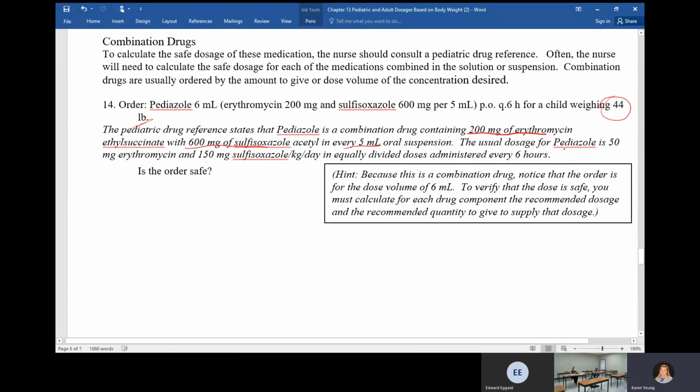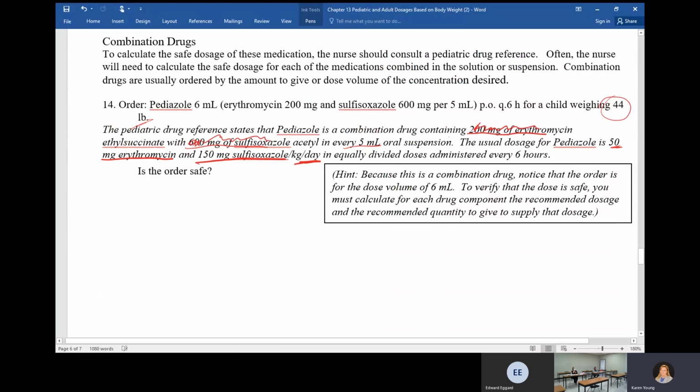So the usual dosage is 50 milligrams for erythromycin, and 150 milligrams of the other one per kilogram per day. So we're really not going to need this right now. That's the 2 drugs, and that matches what the doctor's ordered.